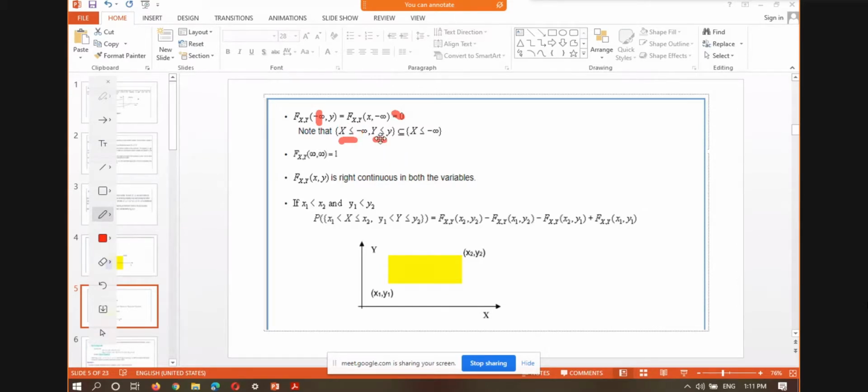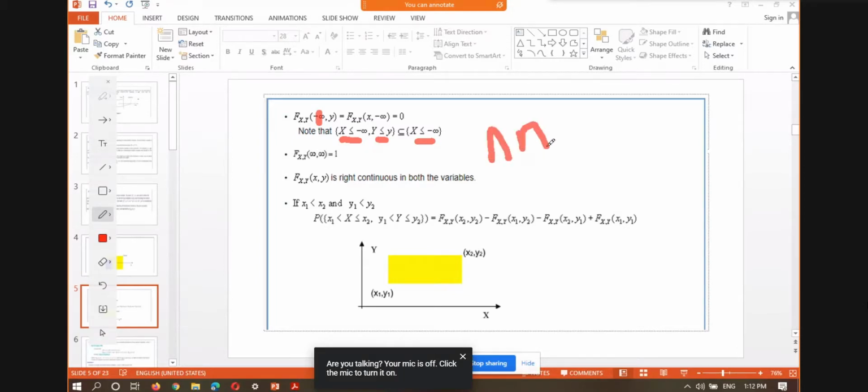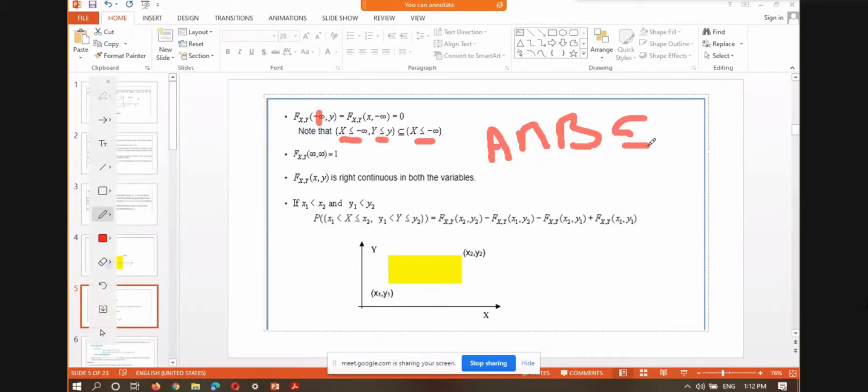And also in here the notation is saying that this intersection is a subset of this. Obviously you know that if you have two sets A and B, the intersection A intersection B is always a subset of A and also of B. So this is the joint event, and this joint event is a subset of this event, and the probability of this event is 0 for the case of one random variable.